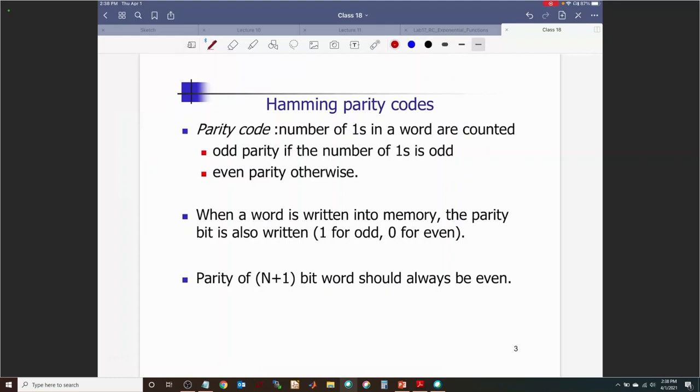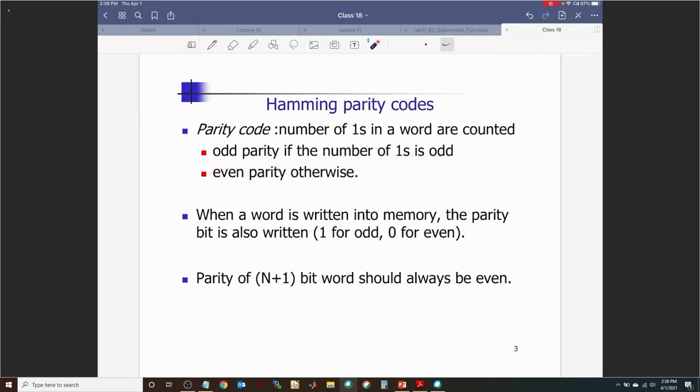You're just counting the number of ones in a word. If the number of ones in a word is an odd number, then we are going to call that an odd parity code. Or if the number of ones in the word is even, then it's going to be called an even parity code.